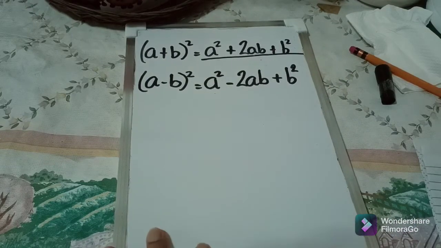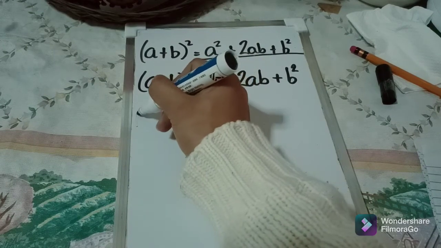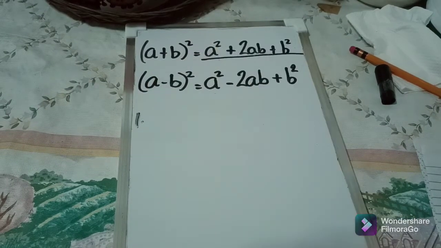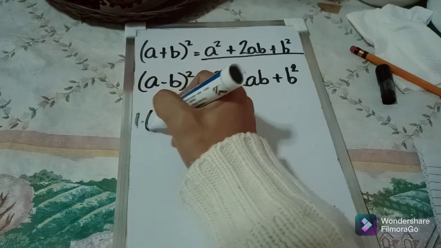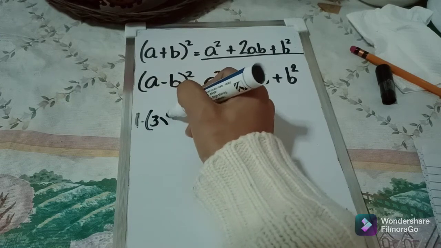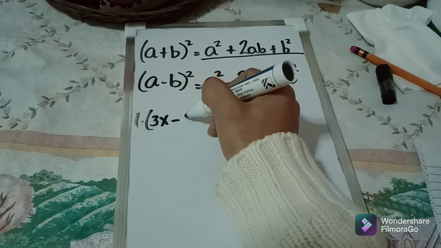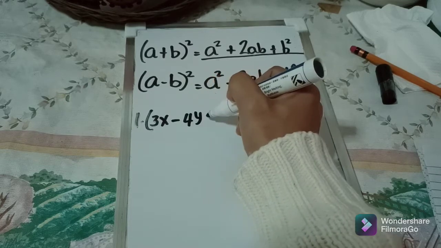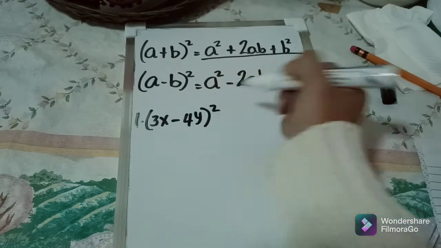Example number 1: (3x minus 4y) squared.